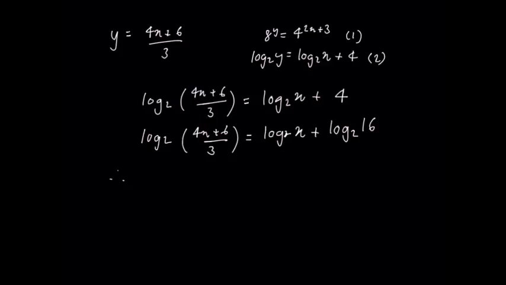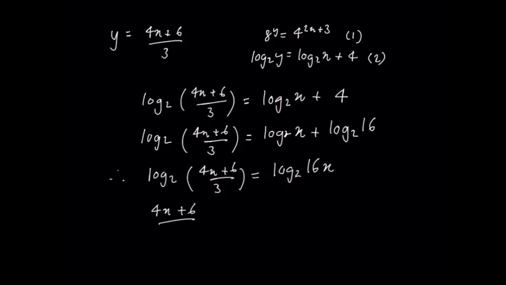So therefore, log to the base 2 of 4x plus 6 over 3 will equal log to the base 2 of 16x using the laws of logs. We can now remove the log to the base 2 from both sides, so we'll finish up with 4x plus 6 over 3 is equal to 16x.